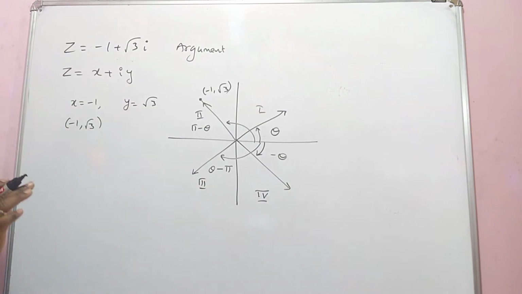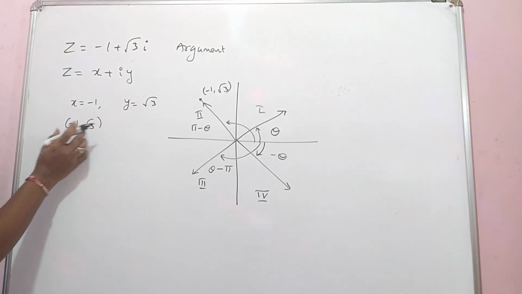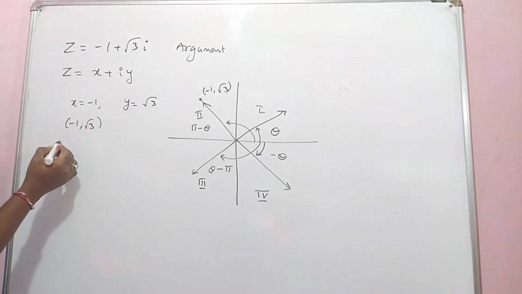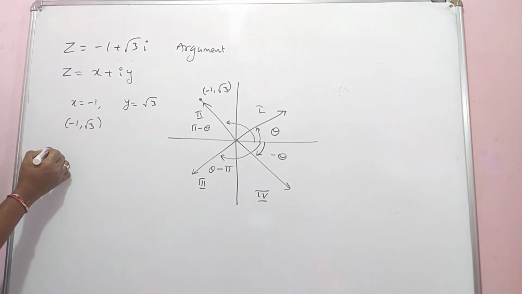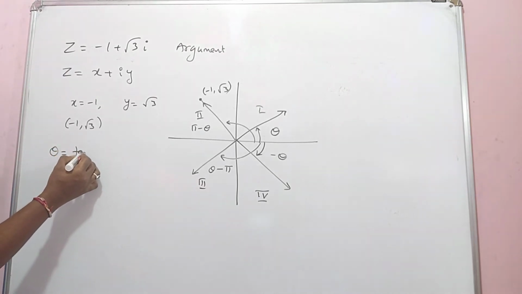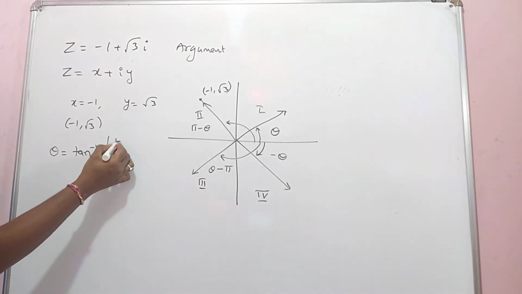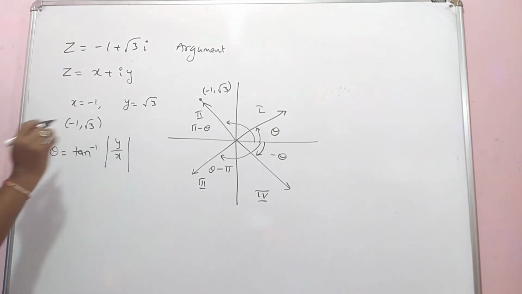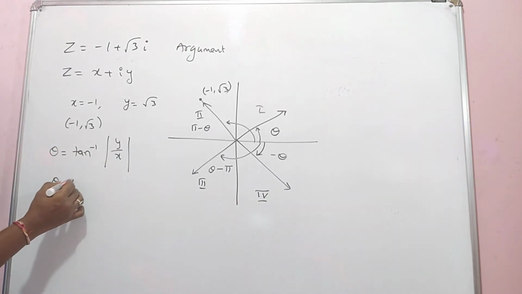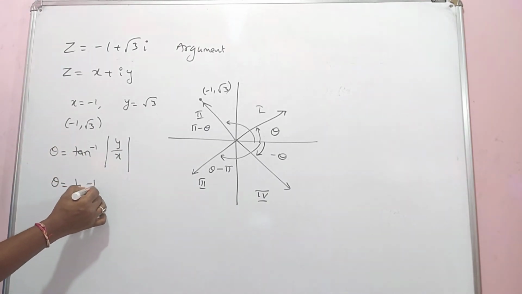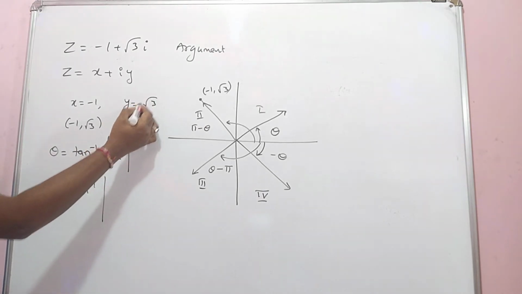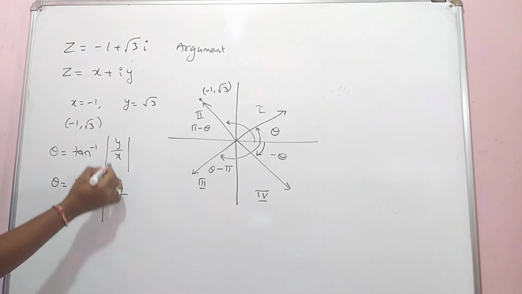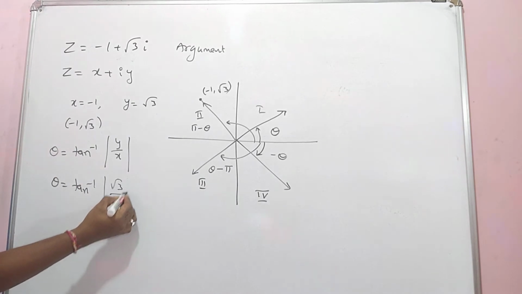So we will find that argument now. I will find theta is equal to tan inverse y by x. This is the formula I explained. So theta is equal to tan inverse, what is the value of y here? Root 3, divided by the value of x, which is -1.